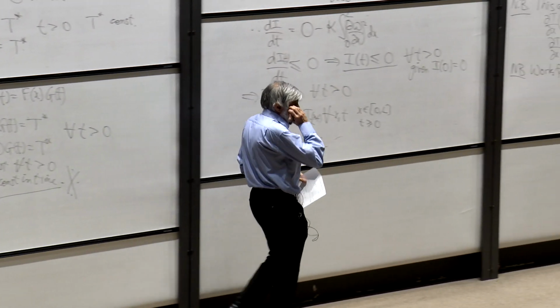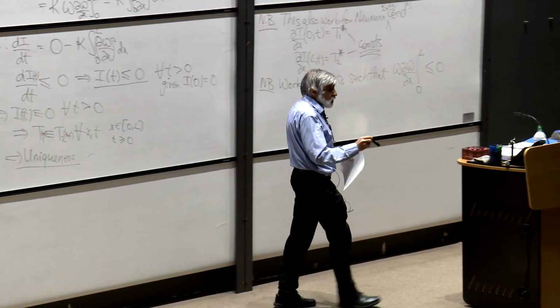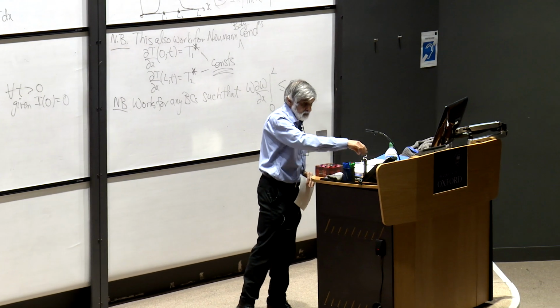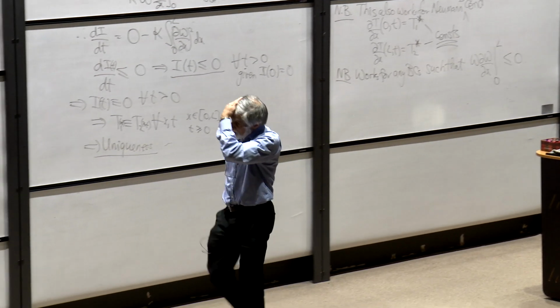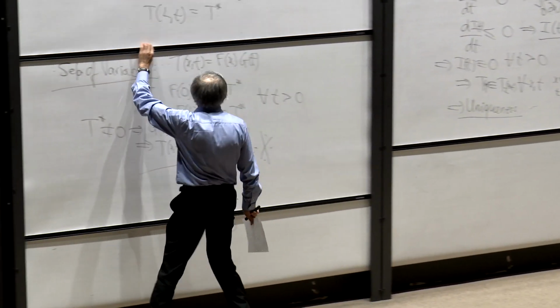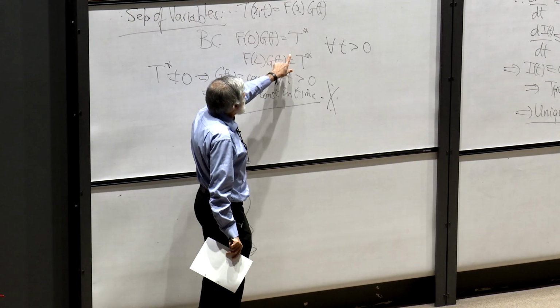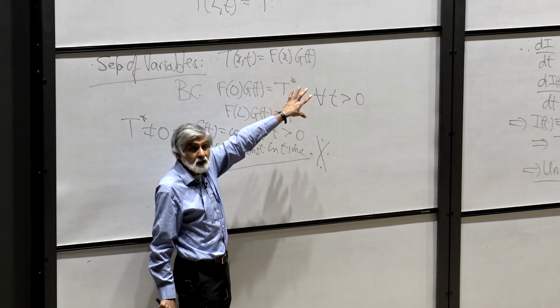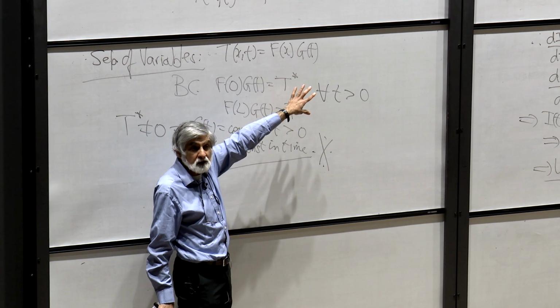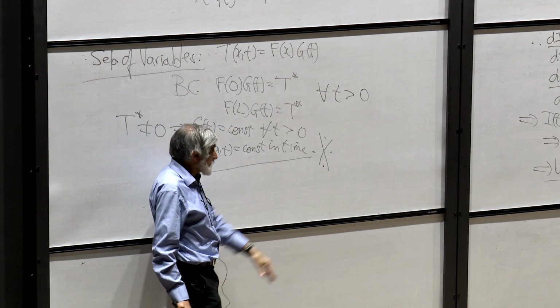So if only that was 0, then it would work. If only we could take this away, then there would be 0, and everything would work. Okay, so let's do that.